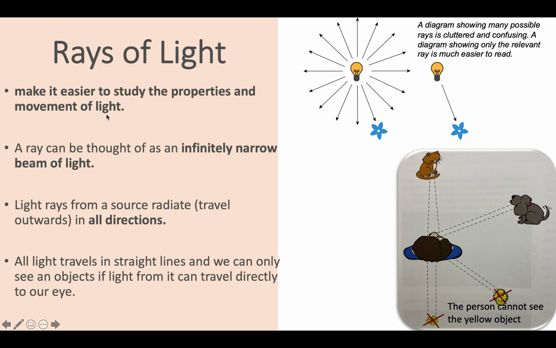Okay, so here, rays of light make it easier to study the properties and movement of light. A ray can be thought of as an infinitely narrow beam of light, just like those ones here. Light rays from a source travel outwards in all directions, as we talked about earlier. And obviously, the fact that they travel in a straight line allows us to see objects.